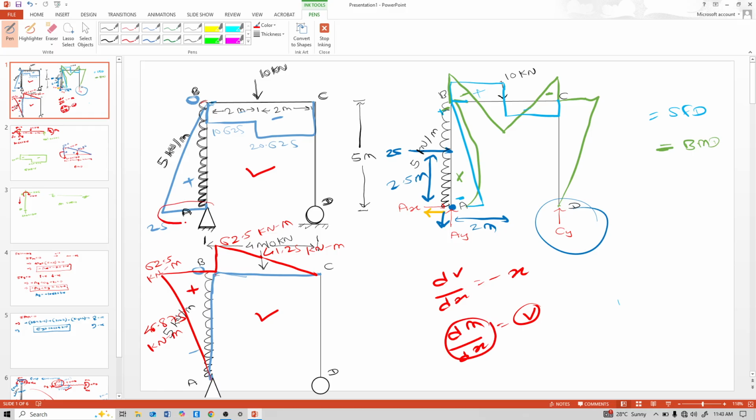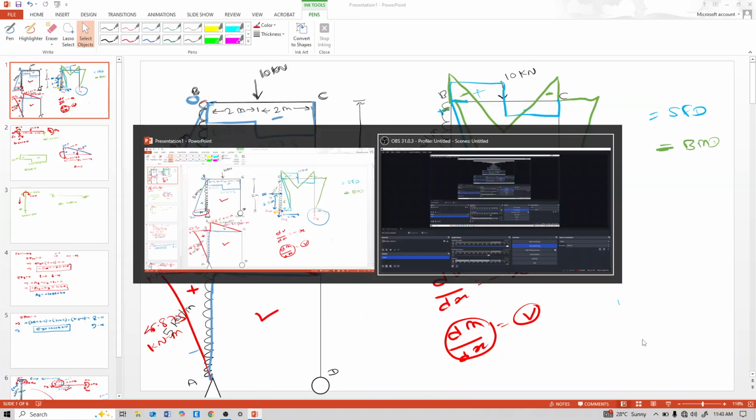See here, V shear is maximum, then this slope is also maximum here. See here, slope is 0. If we take it like this, slope is... We will see this in STAAD Pro software.